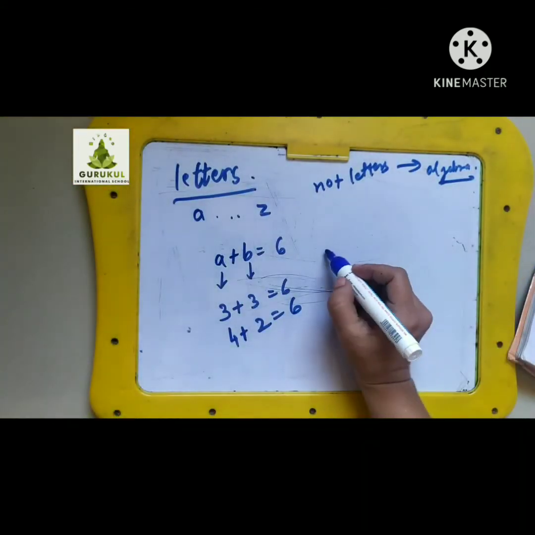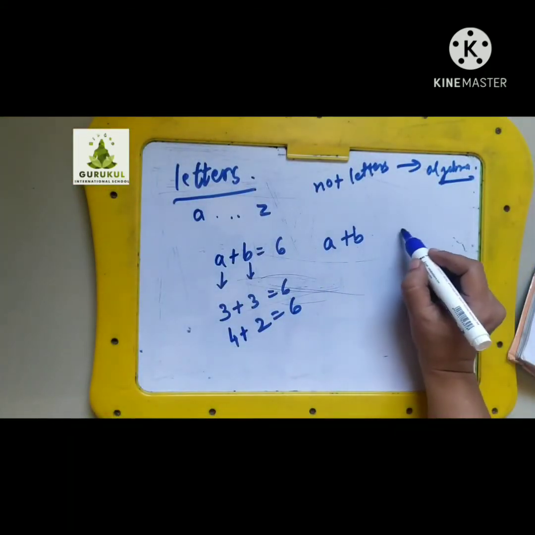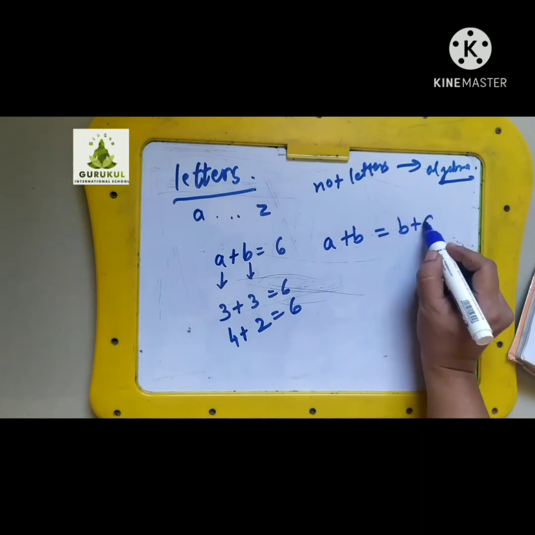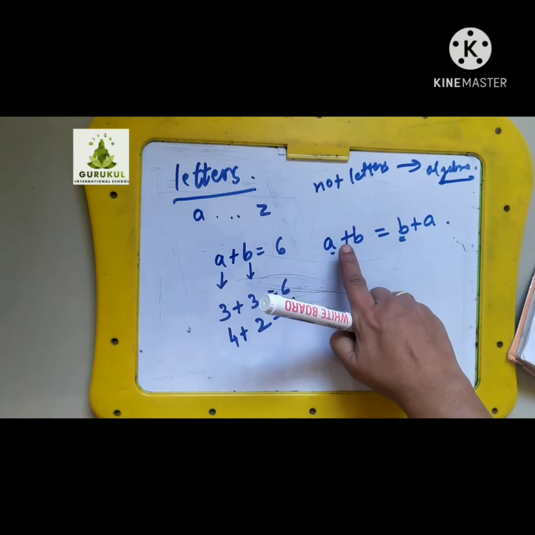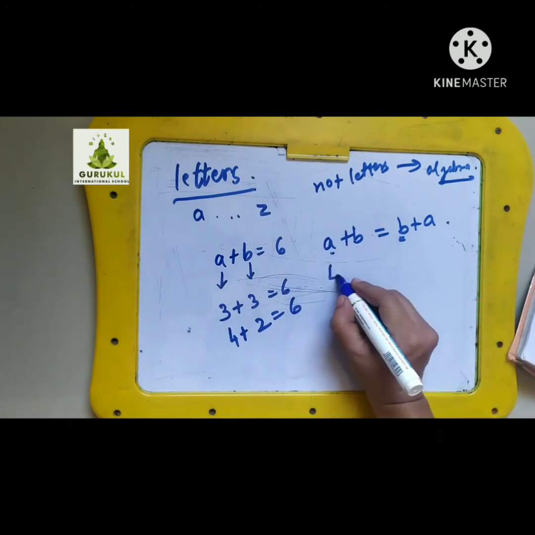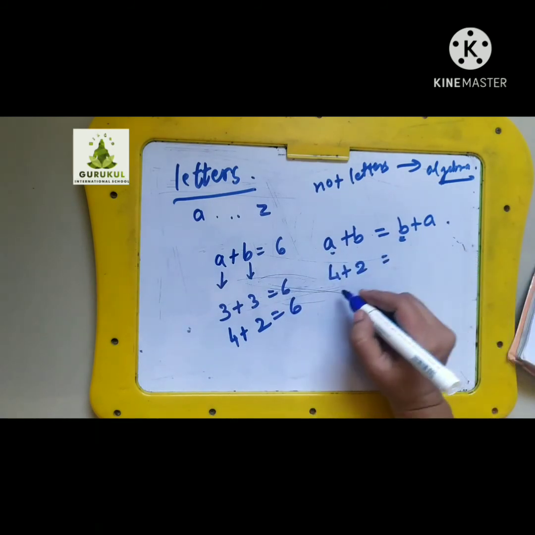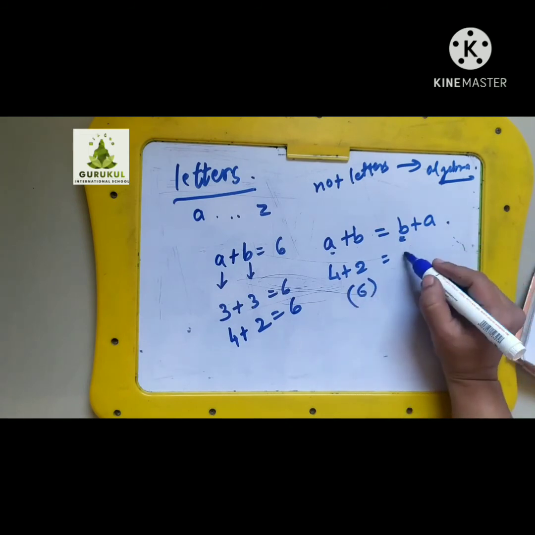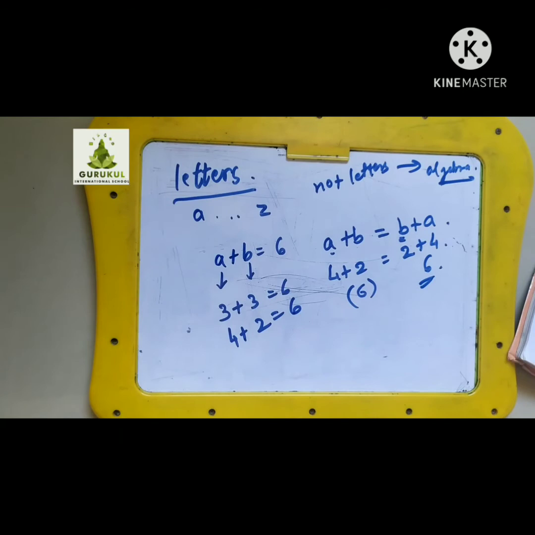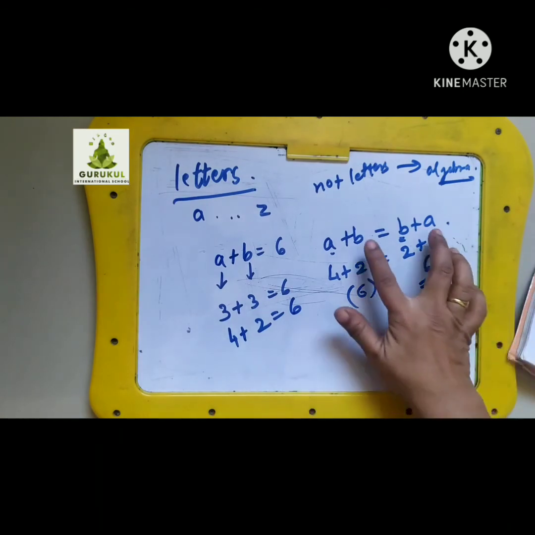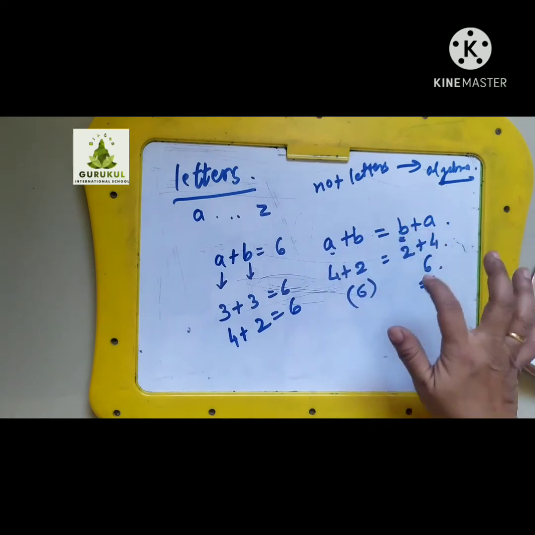Now changing the order of those numbers will make the addition b plus a. If I write a plus b is equal to b plus a, it is one and the same. For 4 plus 2, I can say 4 plus 2 is equal to 6, or 2 plus 4 is equal to 6. That is not making any difference. Even though the sequence changes, the addition answer comes the same.